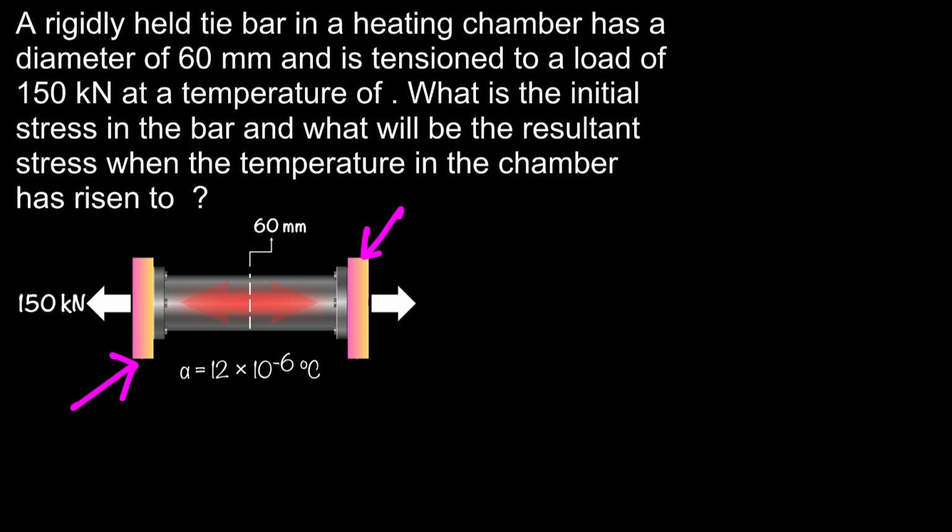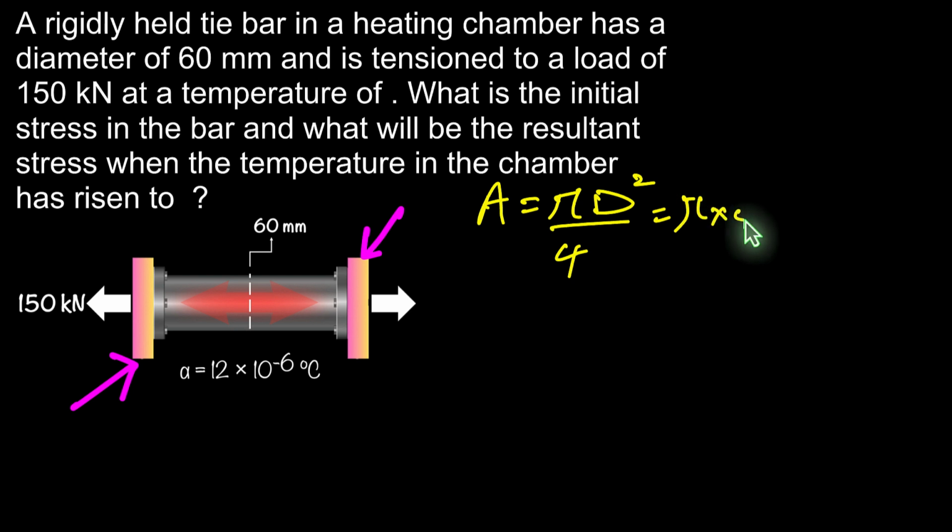So of course, if we're going to calculate stress and we have this circular surface area or cross-sectional area, we have to find out what that area is. And I'm going to use pi times diameter squared divided by 4 for this one. So our diameter is 60 millimeters. So I'm going to just write that in meters as 0.06 squared.